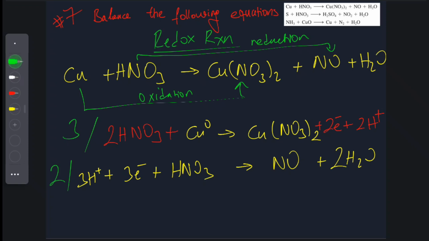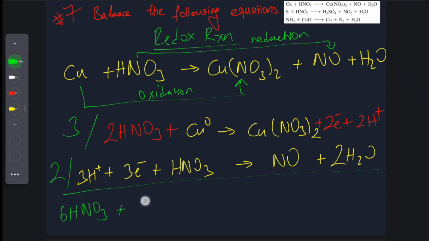If we add these two reactions up, the total reaction will be: 3 copper 0, 6 nitric acid, 2 HNO3 comes from here.